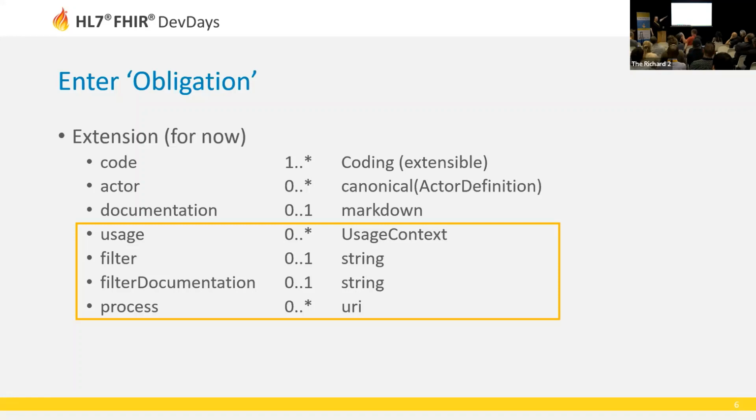All of this is complicated. You don't necessarily have to use this. I'm not sure how often this bottom stuff is going to actually get used. And when we move obligation back into ElementDefinition as a core element, we might say, you know what, these things stay as extensions because they're a little bit more esoteric. But for now, we've sort of got them all in there as these are things that we know we have use cases at least sometimes for doing, and we built that into the structure.